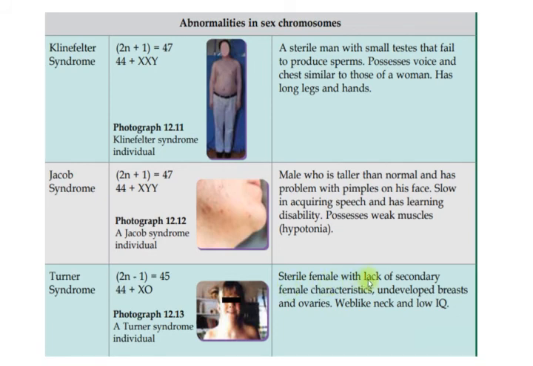A sterile female with a lack of secondary female characteristics, undeveloped breasts and ovaries, web-like neck and low IQ. That is Turner syndrome. Make sure you know the diseases caused by abnormalities in the autosomes and also abnormalities in the sex chromosomes.